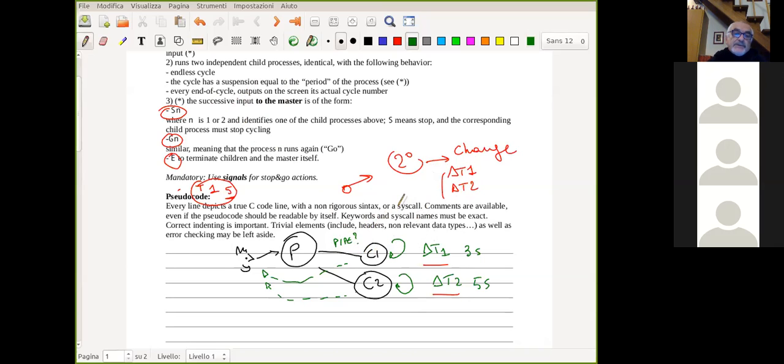A more efficient solution, and the best solution, is not communicating to them the cycling value, but just keeping the value internal to P and activating C1 and C2 at due time.